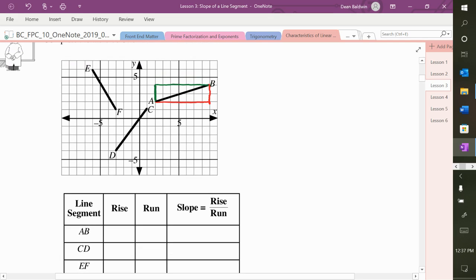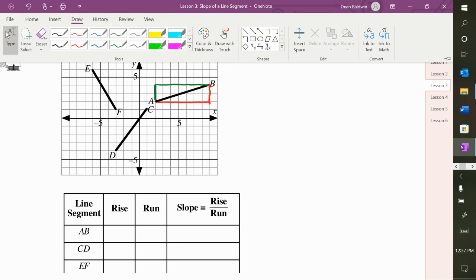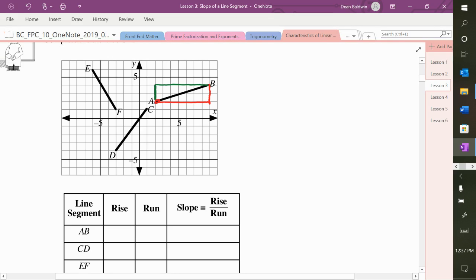You pick a point to start at. Again, it doesn't matter if you start at A or you start at B, but you pick one of those points to start at. I'll start at A. So here we go, right here at A. And you follow the line, and you count.